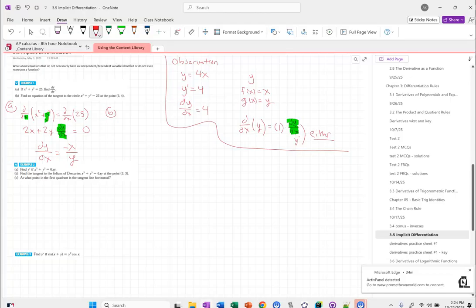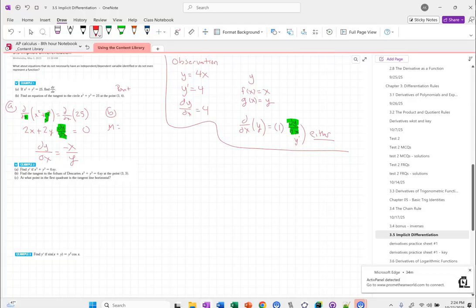For part B, it says find the equation of the tangent to the circle at the point (3, 4). To write the equation of a tangent line, what do I need? Slope and a point. The point I'm given. How am I going to find the slope? I use the derivative, right?